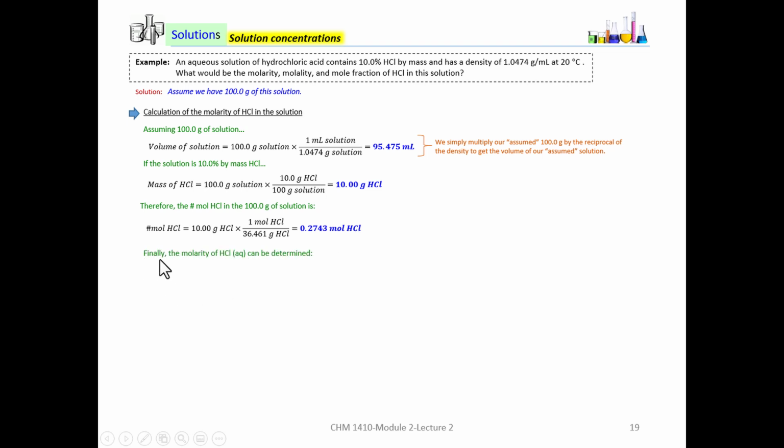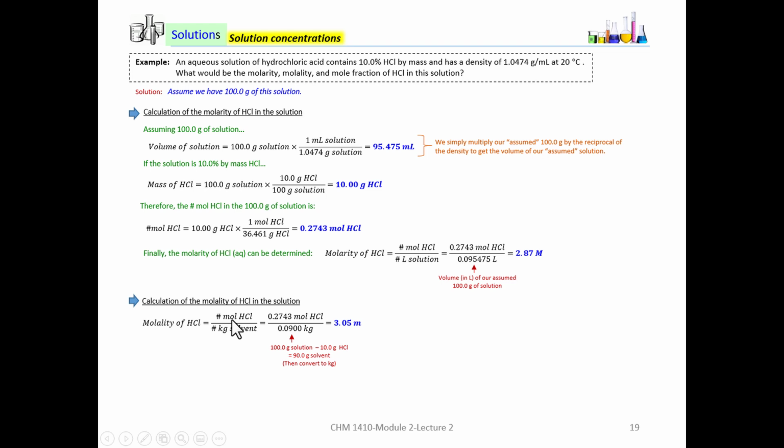And so finally the molarity can be determined. It would be the number of moles of HCl divided by the number of liters of solution, which would be the number of milliliters of solution converted to liters, and we get a concentration of 2.87 molar. How about the molality of HCl?